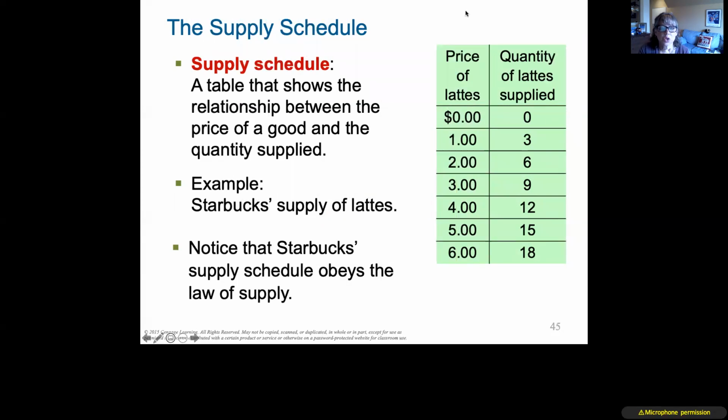At $2, they can supply 6. At $3, they can supply 9. At $4, 12. $5, 15. $6, 18. So as the price has gone up, so has the quantity supplied, a direct relationship. Starbucks is following the law of supply.